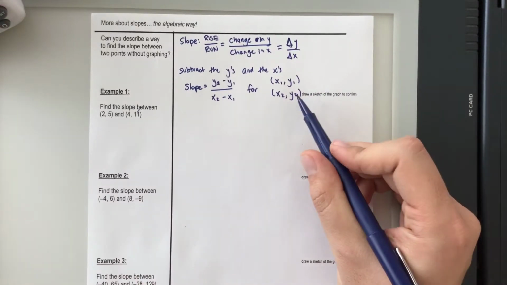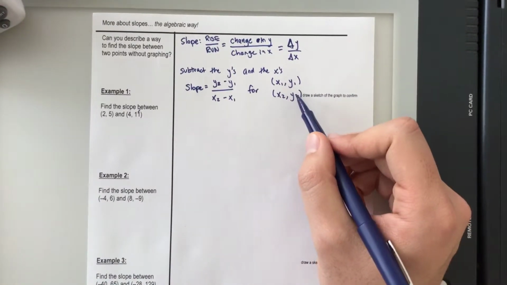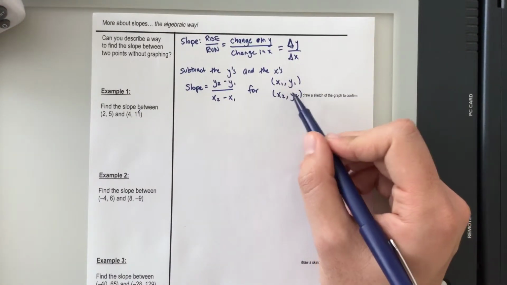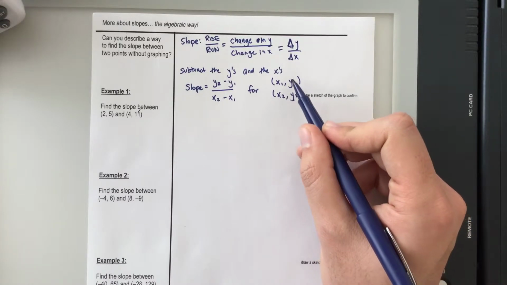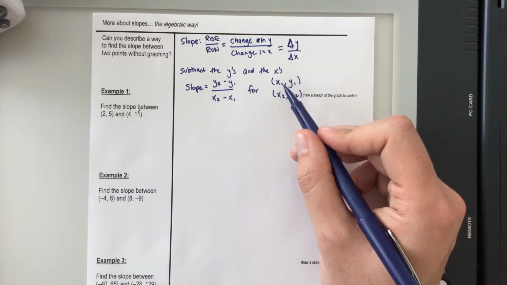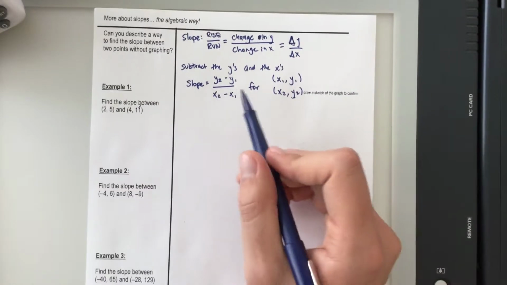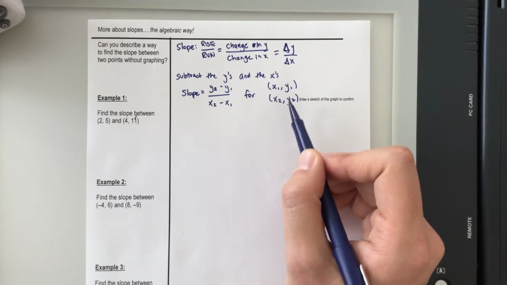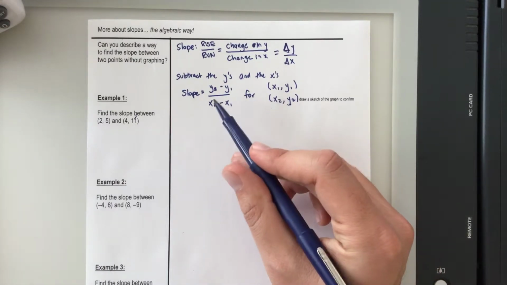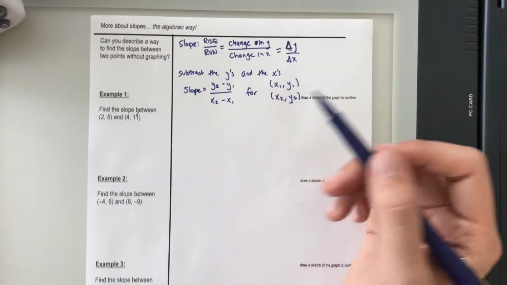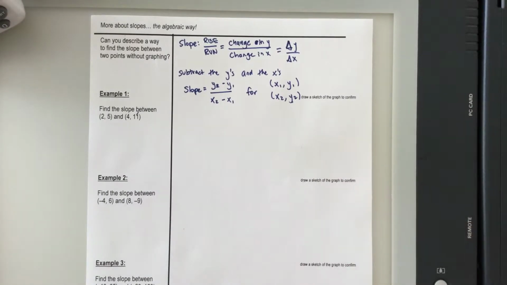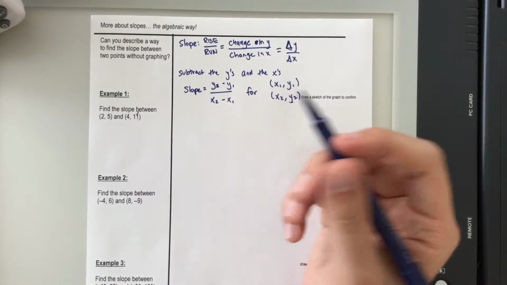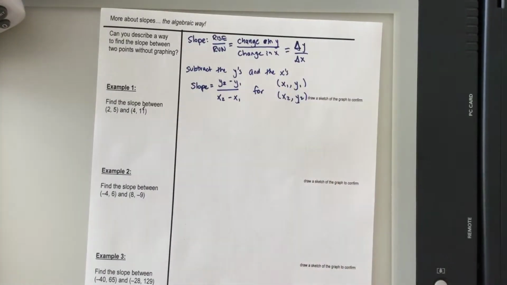All that's saying is if we're using one coordinate pair, we have to subtract y from y and x from x. We can't mix these things up. The 1 is from the first coordinate pair and the 2 is from our second coordinate pair. And if we're going to subtract, we need to make sure that we are keeping the coordinate pairs in the right order.